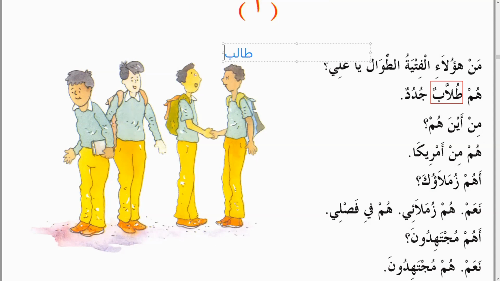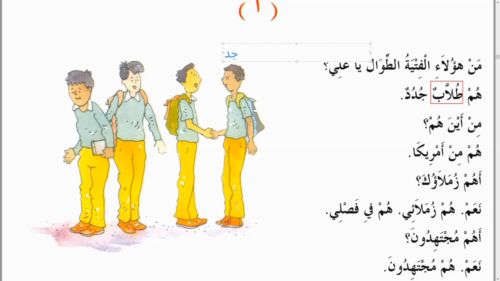If it was a normal plural, we would just add una, talibuna. But we are not doing that. We are breaking this word up. Instead of having an alif as the second letter, we put lam as the second letter, and the alif comes third now. So it's tullabun. Similarly, jadidun is the singular, new.